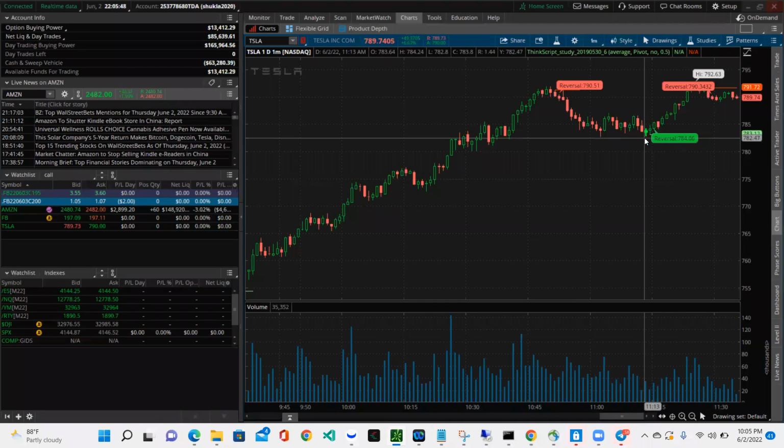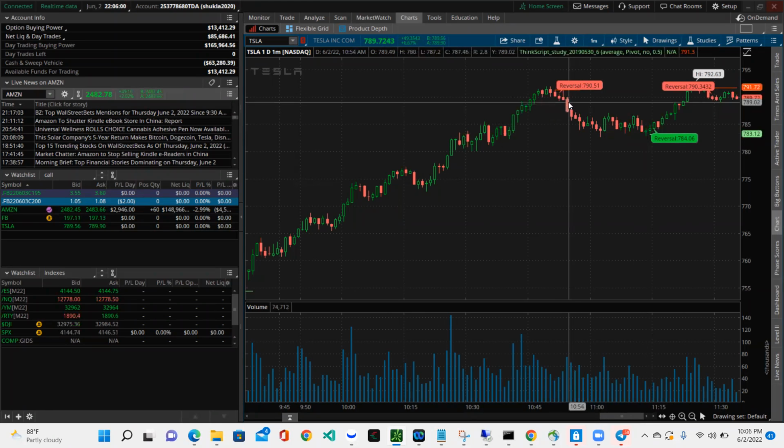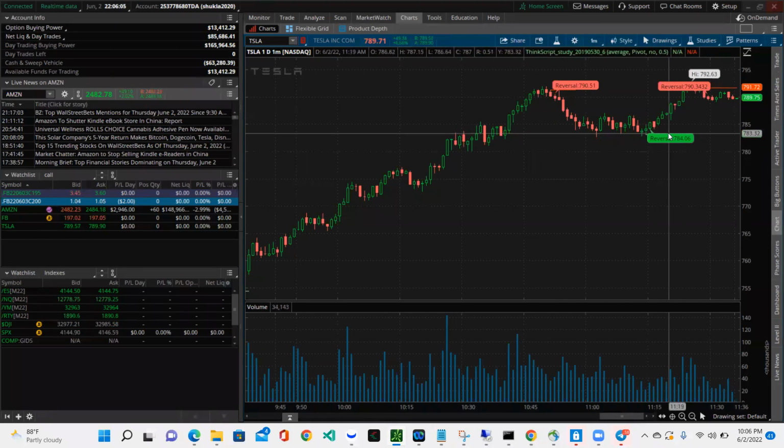These studies are not accurate to the point, because you could buy when it says reversal and sell when it says downward reversal, but they're usually after the fact. We'll talk about these later, because there are some studies that help you trade better. We'll talk more on that in the next session.